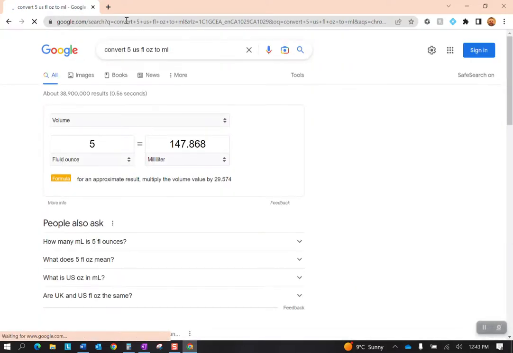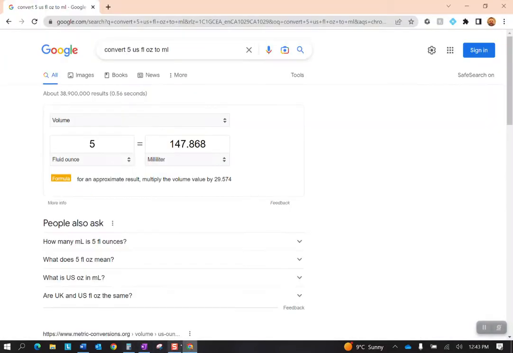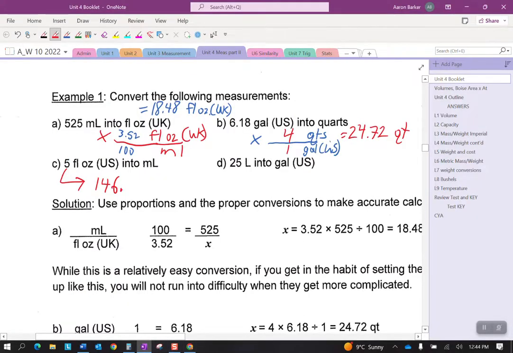Press enter. 147.868. So then you could go with Google. Good. All right. Any questions?